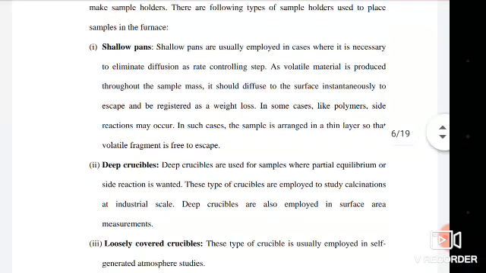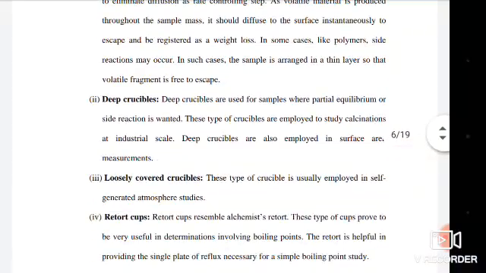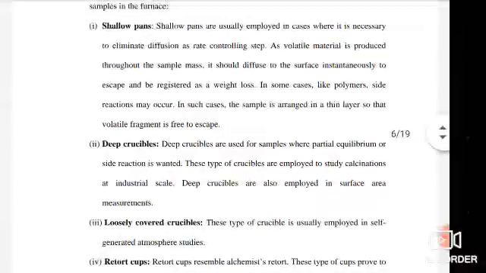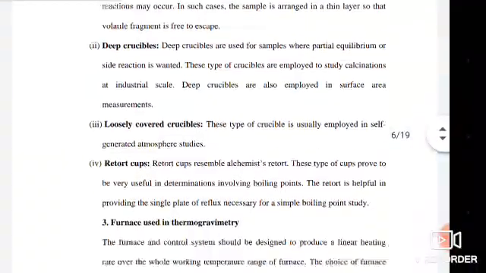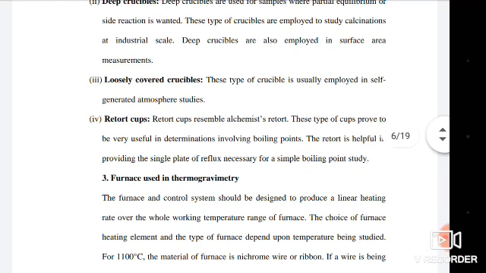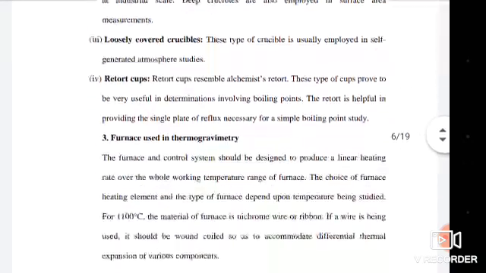There are shallow pans, used for diffusion of volatile impurity, deep crucibles, loosely covered crucibles, and retort cups, which are the different types of sample holders.